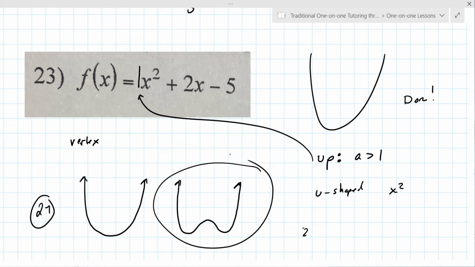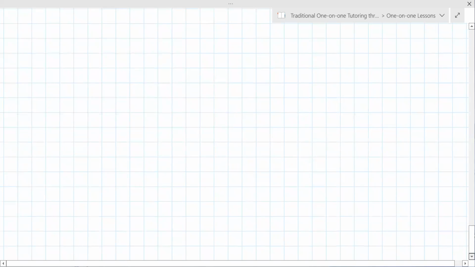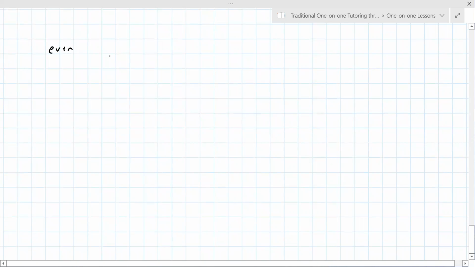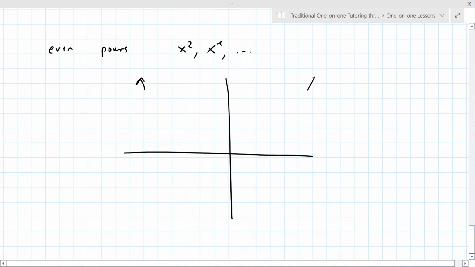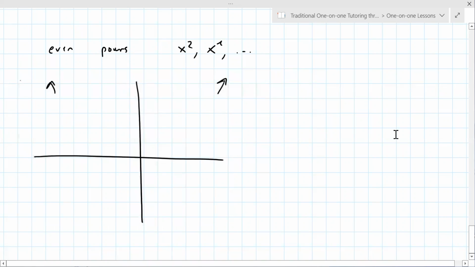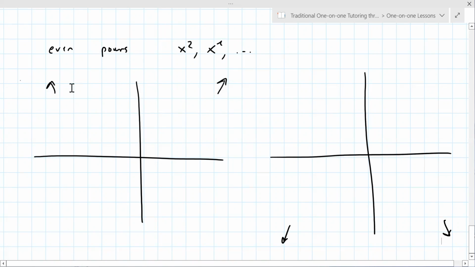Actually a good question to just ask about the shape of things. Can you go over the rules regarding the shape? Sure. So for even powers, and these are your x squareds, your x to the fourths, and so on, they always start high and end high, or they start low and end low. So they always point in the same direction at the extremes.